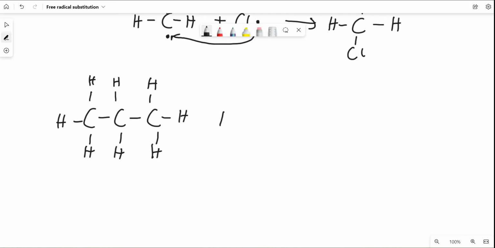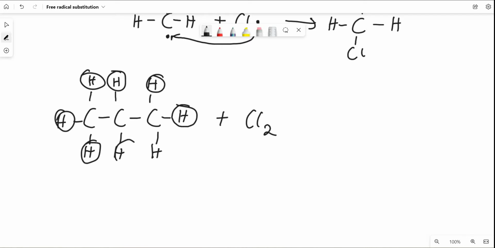And let's say we want to react this with Cl2 in a free radical substitution. What could happen is the Cl could replace this H, this H, this H, this H, this H, all of the H's in the same proportions.